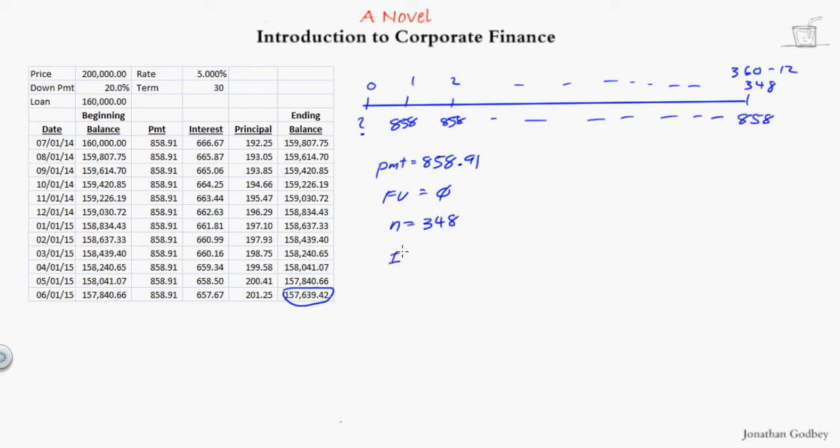My interest rate is 5% divided by 12. The worse your credit score, the higher the rate, so that reflects your risk. I have the size, timing, and risk of the cash flows, and this should give me the value of those cash flows, which will be 157,639.42.